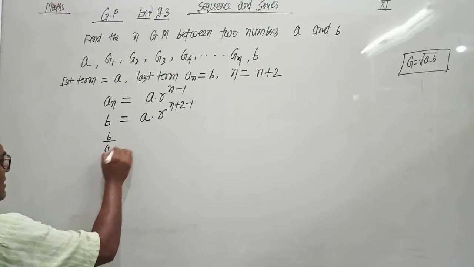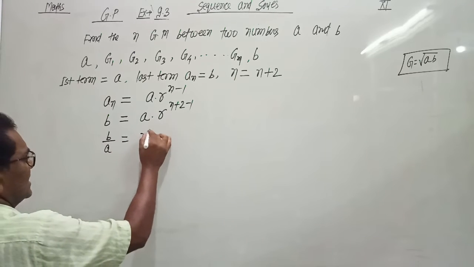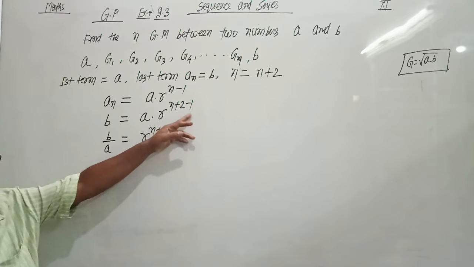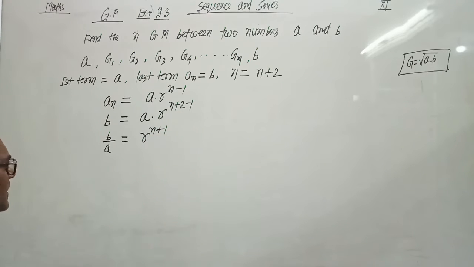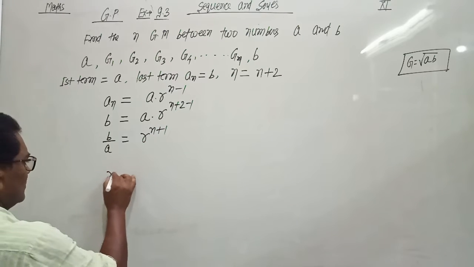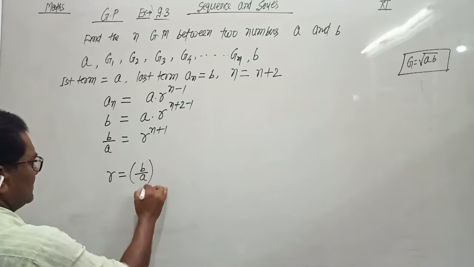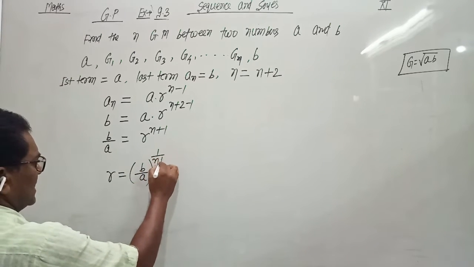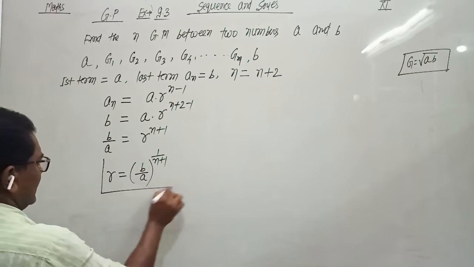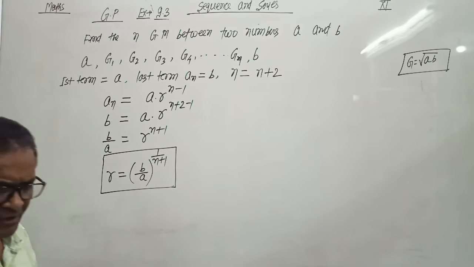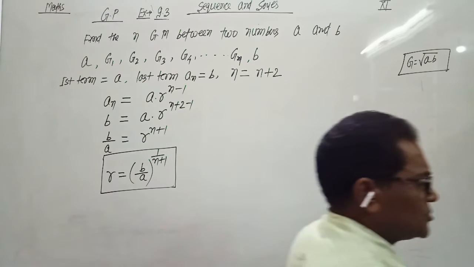Then B by A equals R raised to the power n plus 2 minus 1, that is n plus 1. And we calculate the value of R: R equals B by A whole raised to the power 1 by n plus 1. This is the value of the common ratio.